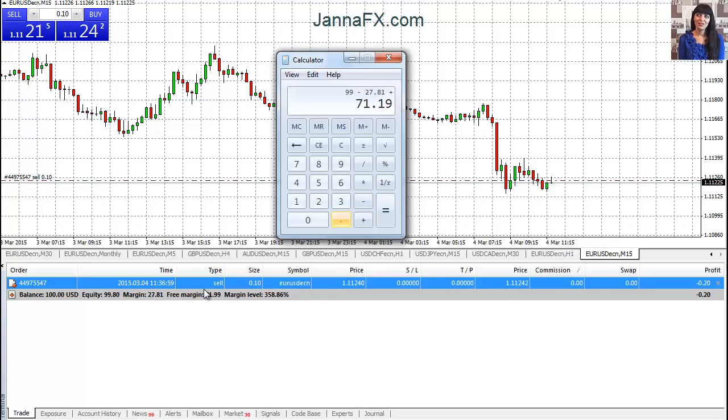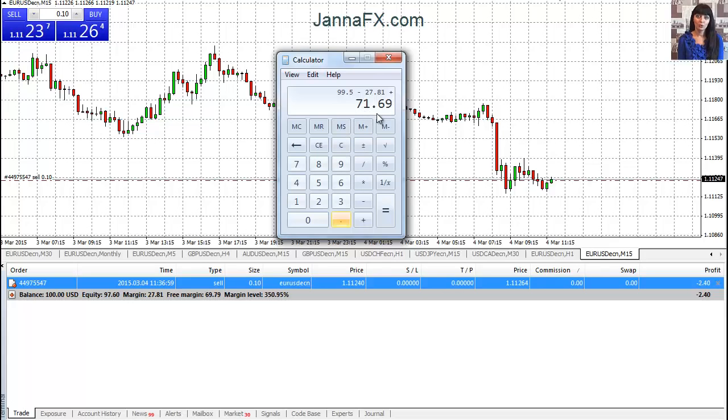So that means we have left this free margin, which is 99.50, our equity, minus whatever we have here locked, 27.81, so we have 70.69, which you can see free margin is changing because equity is changing.